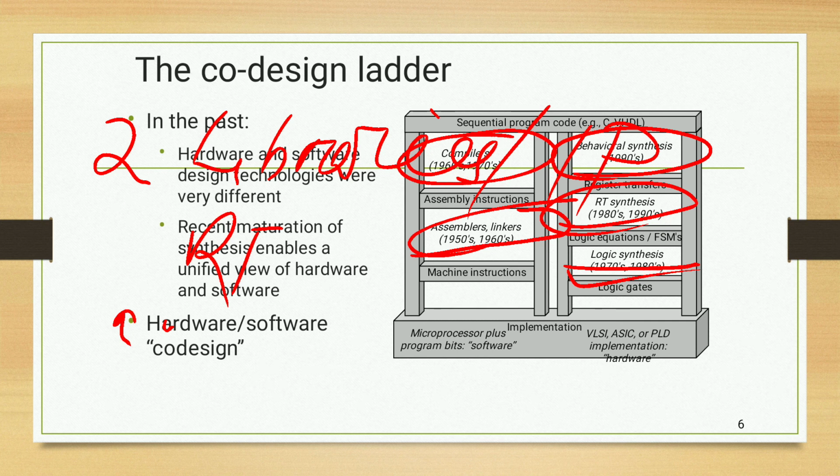This change from behavioral level libraries of ICs to libraries of cores has prompted use of the term intellectual property, that is IP, to emphasize the fact that a core exists in a soft form that must be protected from copying.